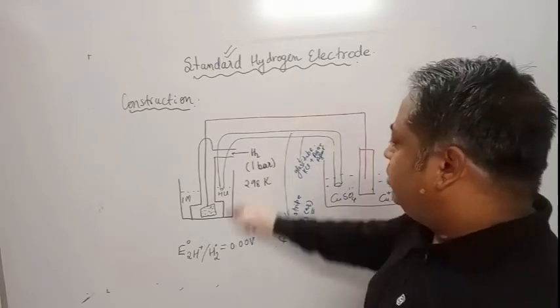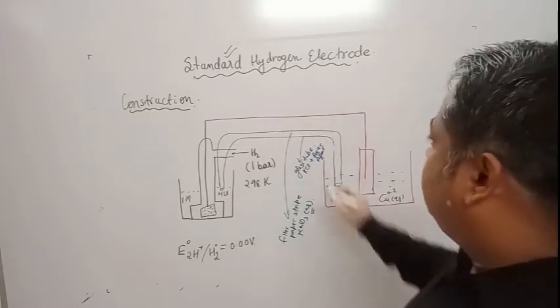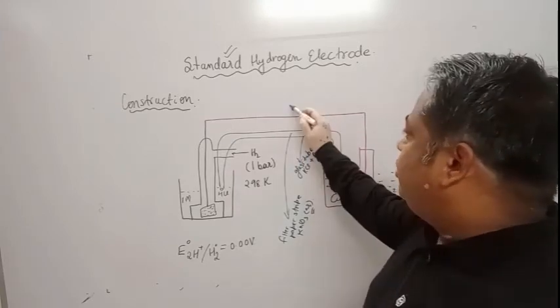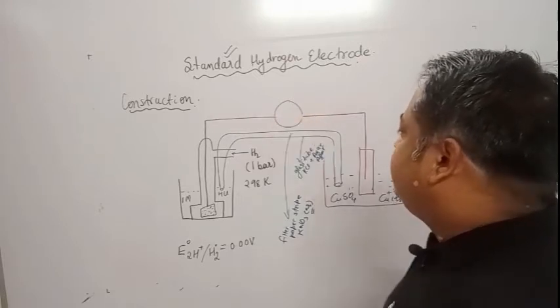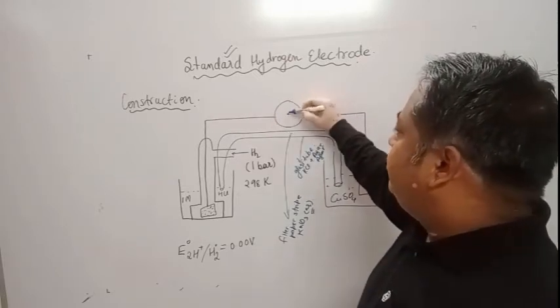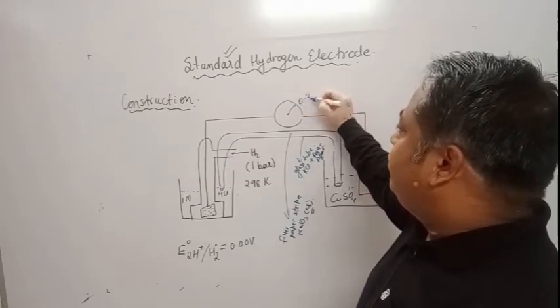That will also help to pass the ions across. Now if we put a voltmeter over here, we will see that the voltmeter's reading will be 0.34 volt.